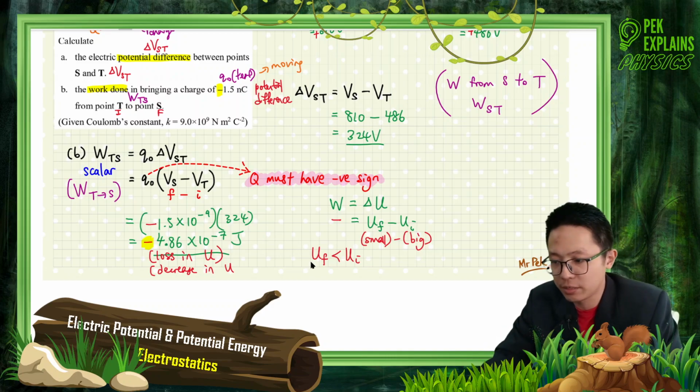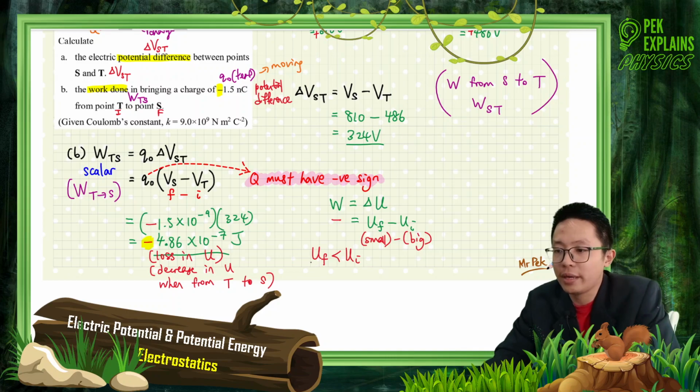There's a decrease in electric potential energy for the test charge when the test charge moves from T to S. T is the initial point, S is the final point.